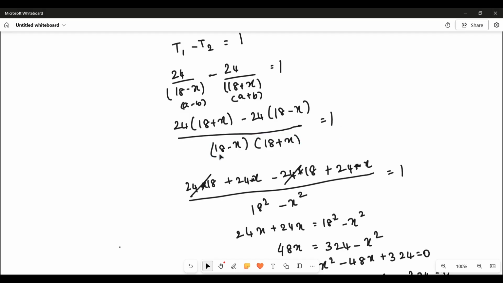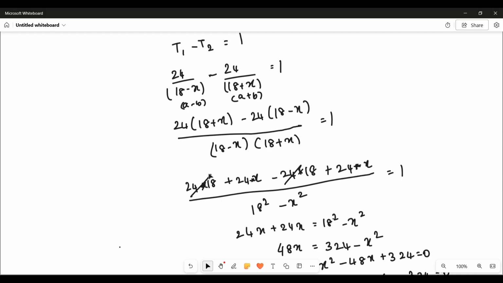And 18 minus x and 18 plus x is just like a minus b and a plus b, so it becomes 18 squared minus x squared. I'm distributing and multiplying: 24 times 18 plus 24 times x minus 24 times 18, and minus into minus becomes plus, so this is 24 times x, equal to 1.